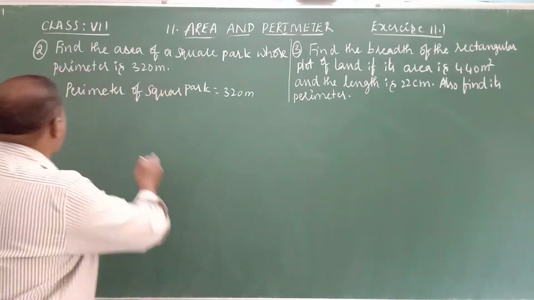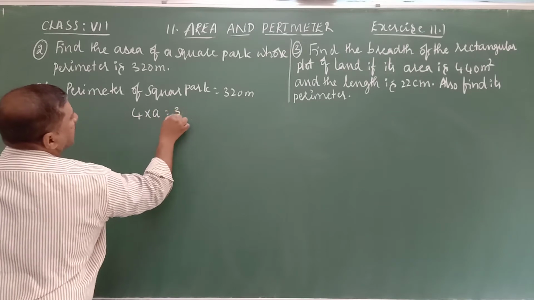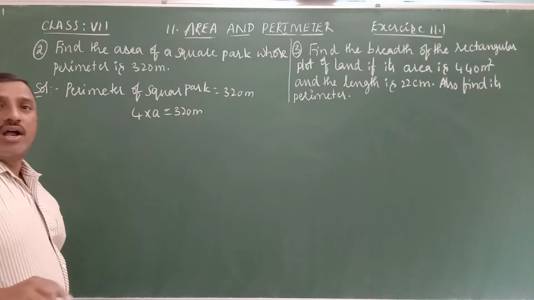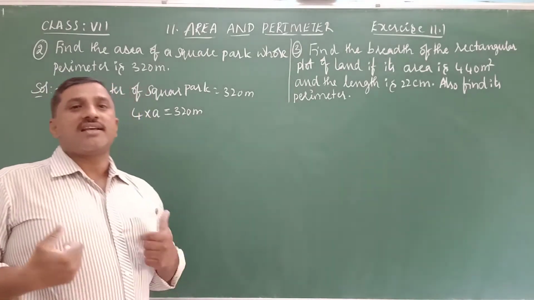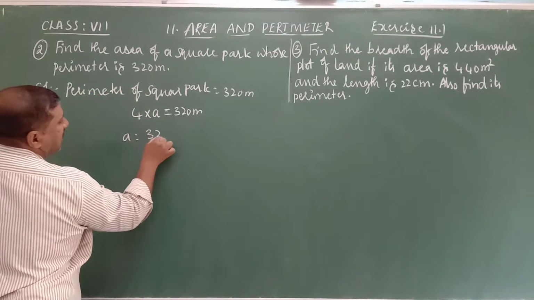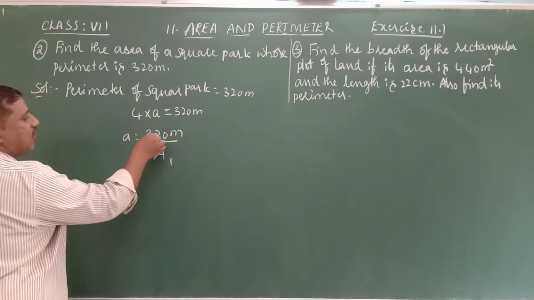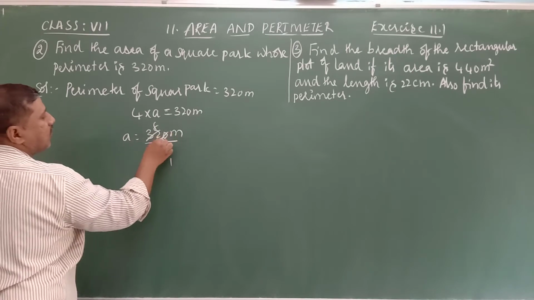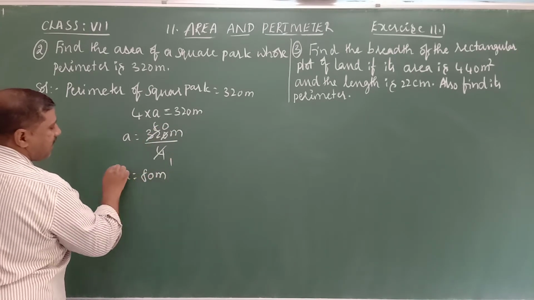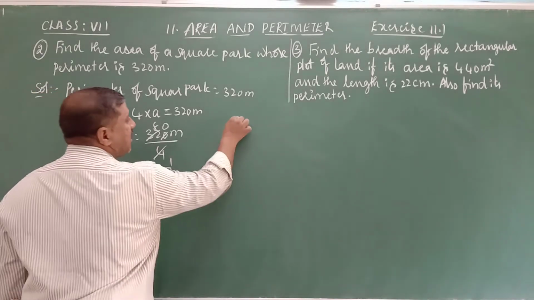We know perimeter of the square park is equal to 4 into A, that is equal to 320 meters, where A is the length of each side of the square park. Now A is equal to what? 320 meters divided by 4. 4 ones are 4, 4 eights are 32, 4 zeros are 0. That is A is equal to 80 meters. What is A here? The side of the square park.